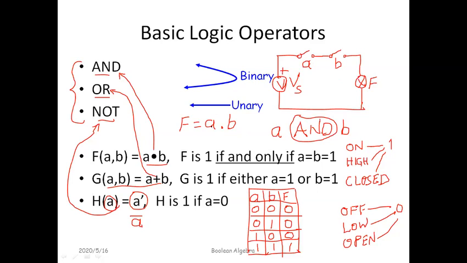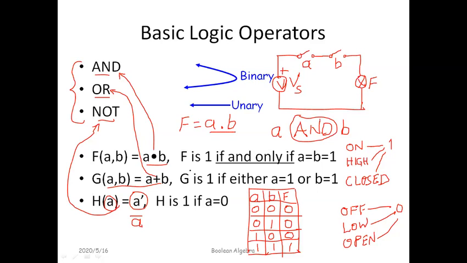If we had more than two variables, it would still mean that same number of switches connected in series and controlling a lamp. Okay, so this is the AND operation.